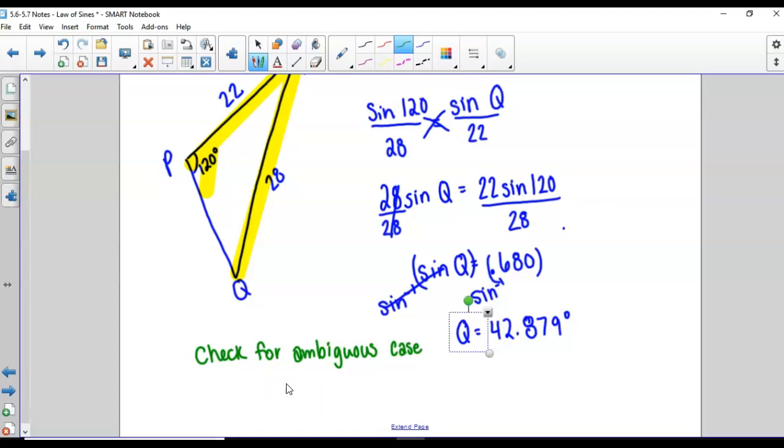If you add those together, you get 180. If it was 60 and 120, if you add those together, you get 180, right? So even though 42.879 is not on the unit circle, it's going to have that same property.